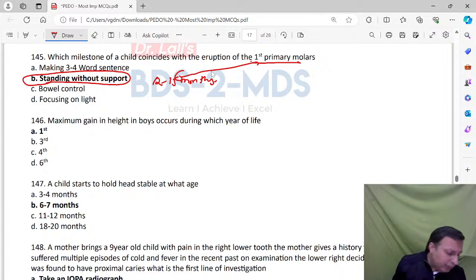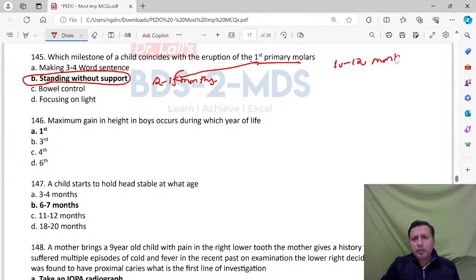Okay, whereas between 10 to 12 months, the child stands with support.